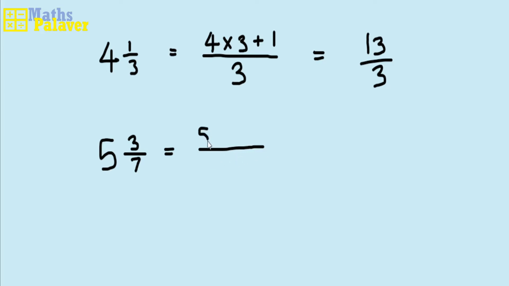Yes, it's the whole number times the bottom number plus the top number, and all that over the bottom number. 5 times 7 is 35, plus 3 is 38, so it's 38 over 7.